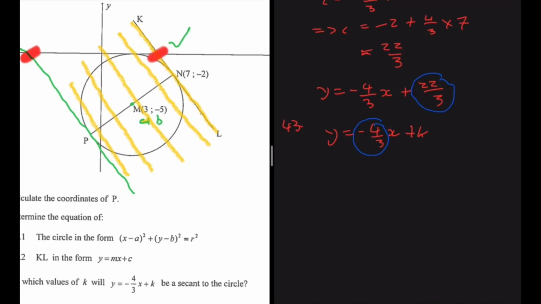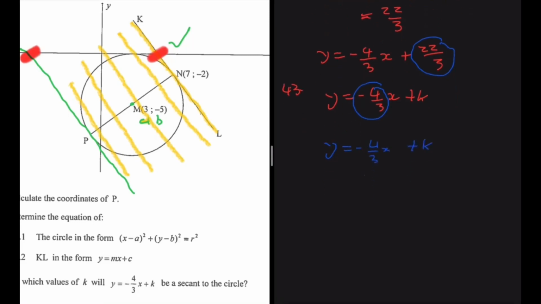In order to do that, we're going to substitute the values of P. We say y is equal to minus 4 divided by 3 x plus k, and we substitute in P. We know the coordinates of P, minus 1 and minus 8, from the above equations. So we get minus 8 equals minus 4 divided by 3 times minus 1, plus k.